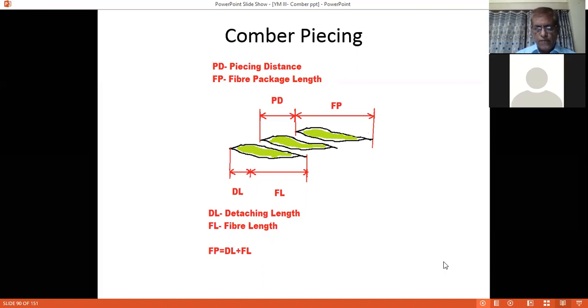So there is overlapping in some area, and DL is detaching length and FL is fiber length. So fiber package length is equal to detaching length plus fiber length. So in this way, the piecing is done.